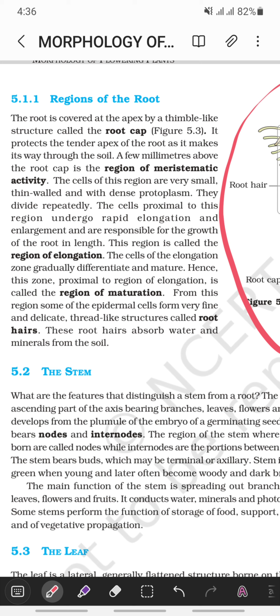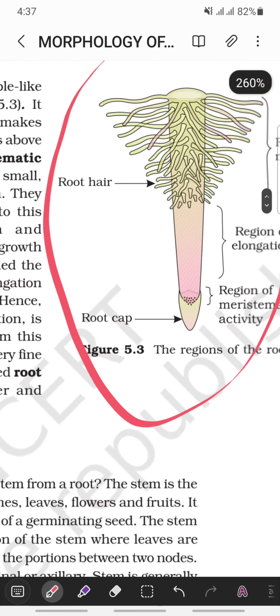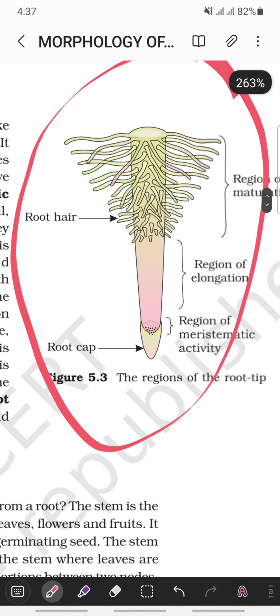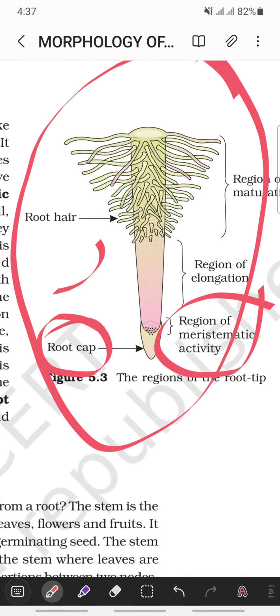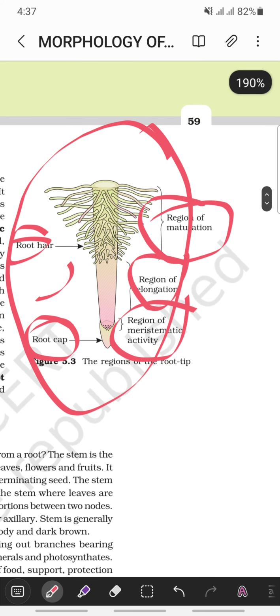From this region, some of the epidermal cells form very fine and delicate thread-like structures called root hairs. These root hairs absorb water and minerals from the soil. Root cap, region of meristematic activity, region of elongation, root hairs, and region of maturation.